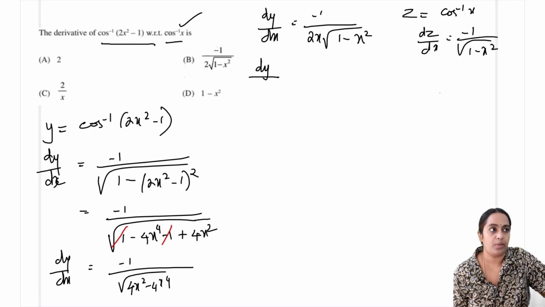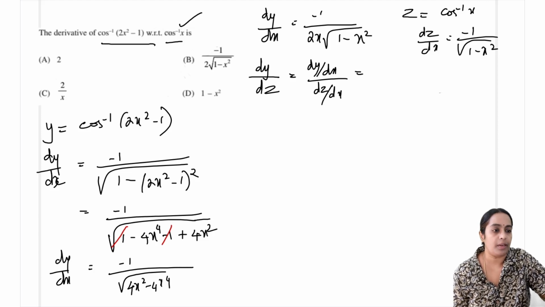So I need to do dy by dz, which will be dy by dx divided by dz by dx. So here for dy by dx, I again need to differentiate the function inside the square root. When I differentiate again inside, I will get a 4x in the numerator.